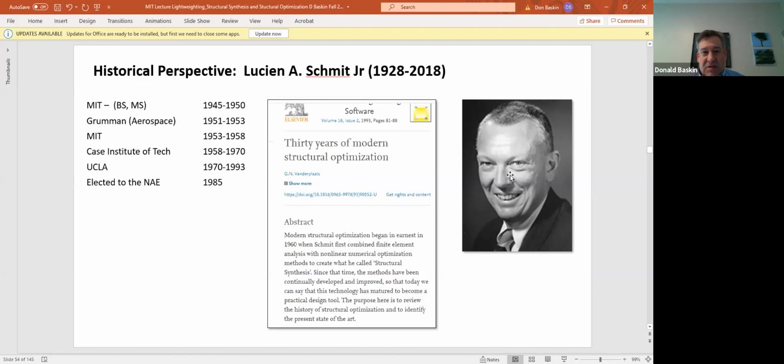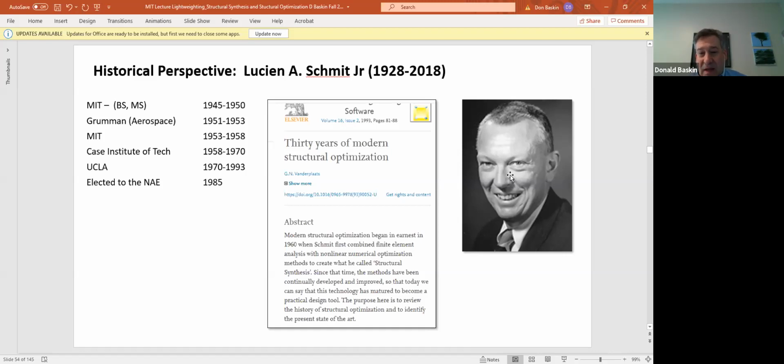Case Institute, which is now called Case Western Reserve, lured him away to be a professor for a while there, and then he moved on to California to go to University of California, Los Angeles. And he was a professor there until 93. He retired in 93, and he sadly passed away in 2018.